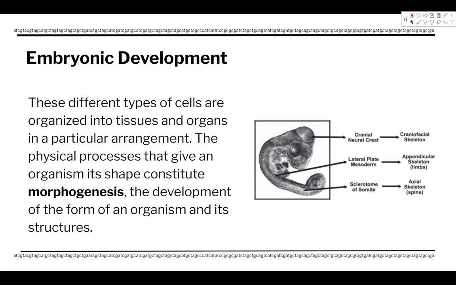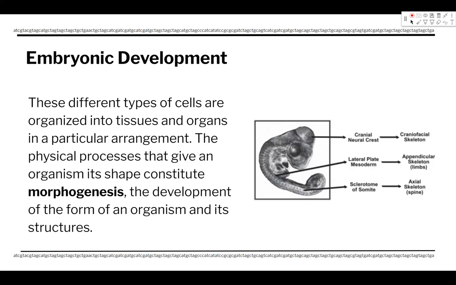The process of development, specifically with embryos and figuring out the structure of that embryo, is called morphogenesis. Morphogenesis is the development of the actual physical form and the structures of an embryo.